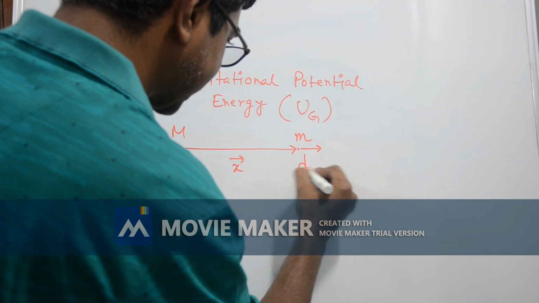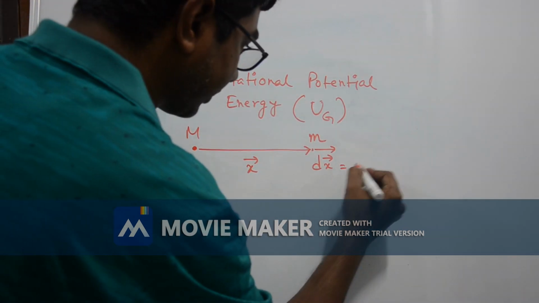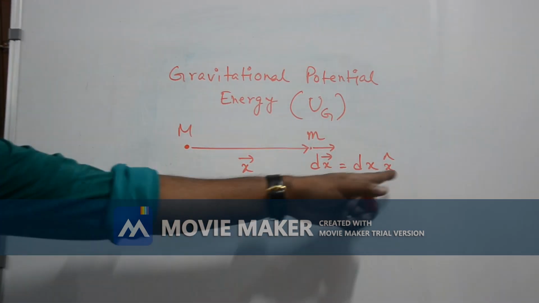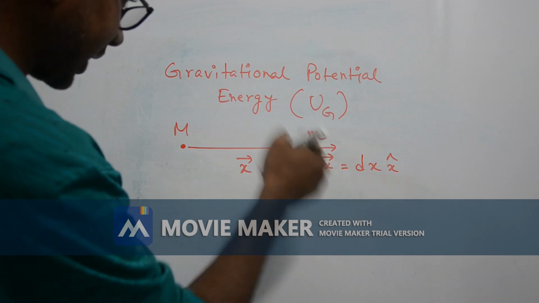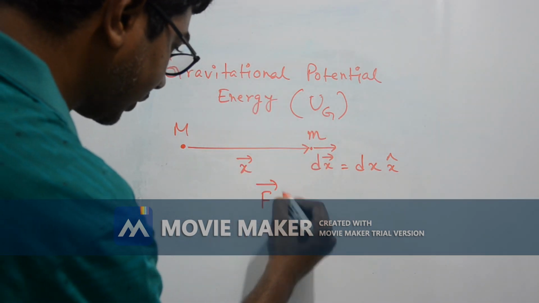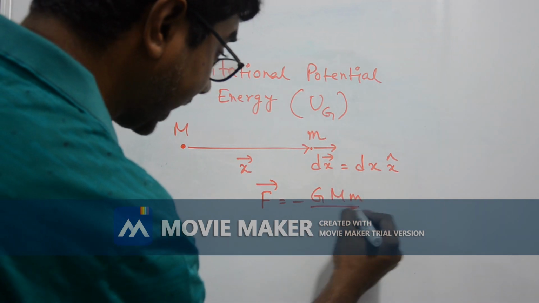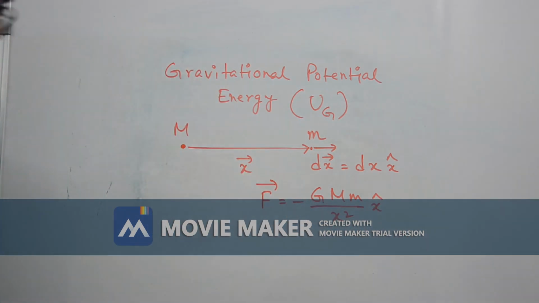We can infinitesimally displace this particle by dx, which can be written as dx in magnitude and the corresponding unit vector. And we know that the force of attraction experienced by this test mass at that point is F equals minus G m m by x square into x cap, with the minus sign in front.